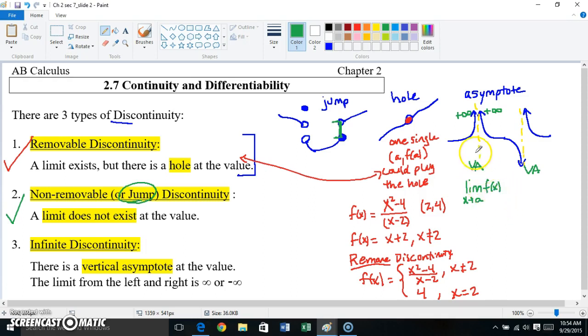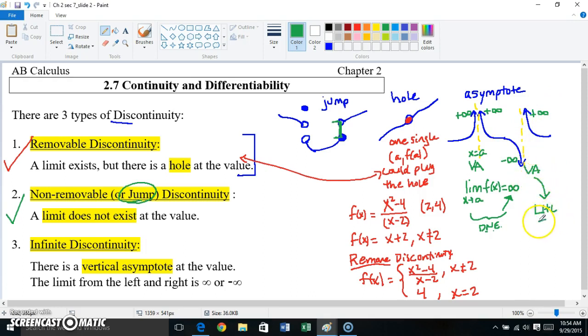So for the limit to exist, if this is x equals a, we would say the limit is infinity, but this is a non-finite number. So technically this limit does not exist. The limit can only exist if this is a finite number. Or you could have, in this example, the limit on the left is negative infinity and the limit on the right is positive infinity, and this definitely, the limit doesn't exist.